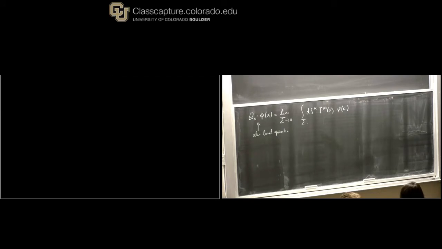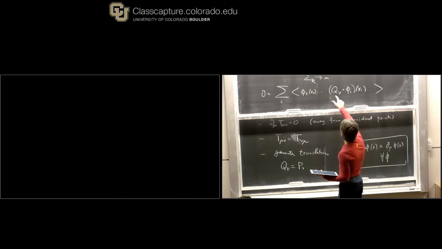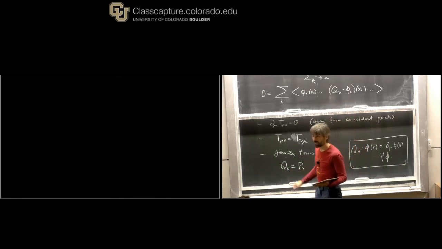And now you can perhaps guess what's going to happen. Last time we finished the lecture by writing down some infinitesimal version of what we mean by correlation functions being invariant under conformal transformations. This infinitesimal version involved a bunch of objects Q acting on local operators, and these objects Q satisfied the conformal algebra.